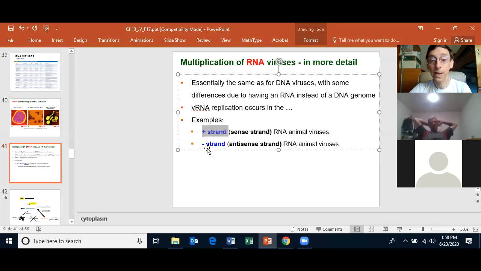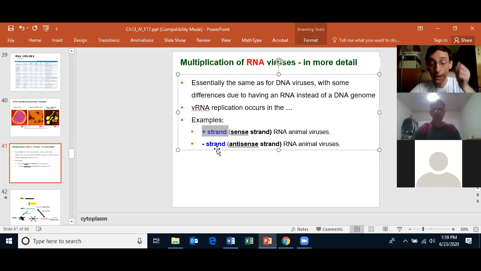The negative strand RNA animal virus cannot be read by the ribosomes. It's the antisense to the positive strand. So instead of having AUG, it will have UAC, the complement to the positive strand.